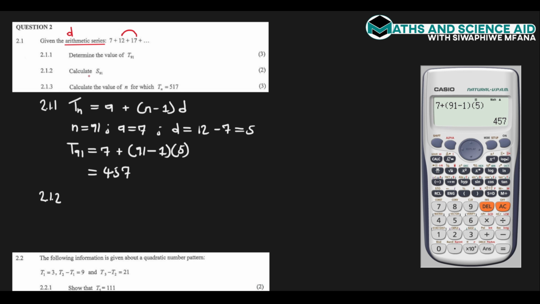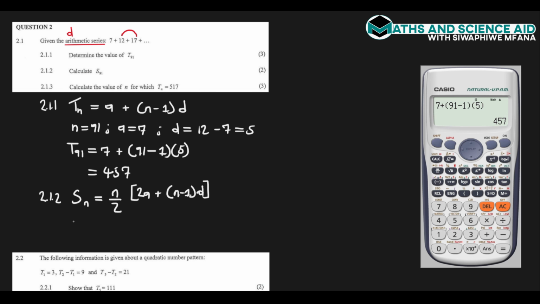Now, let's move on to the next question. 2.1.2 says calculate the sum of the first 91 terms. For an arithmetic series, the sum of the first n terms can be calculated using this formula: n/2 (2a + (n - 1)d).